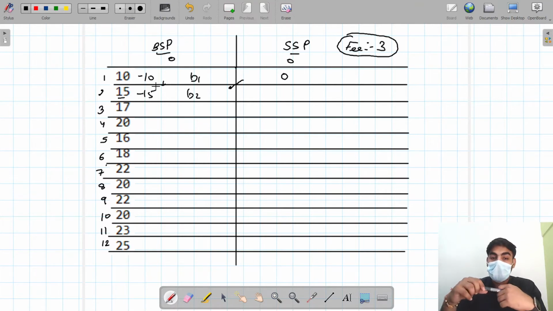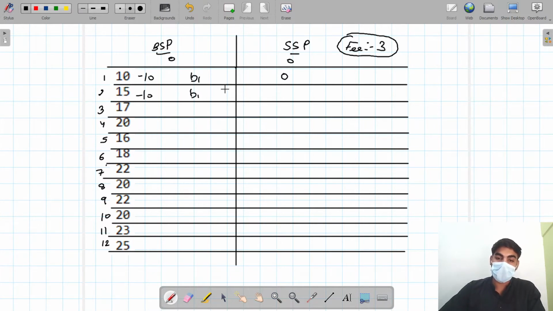If we take the older as it is, we take only a 10 rupee loan. So the 10 rupee loan is better, because we have to find the maximum profit here. So we are taking the older as it is.